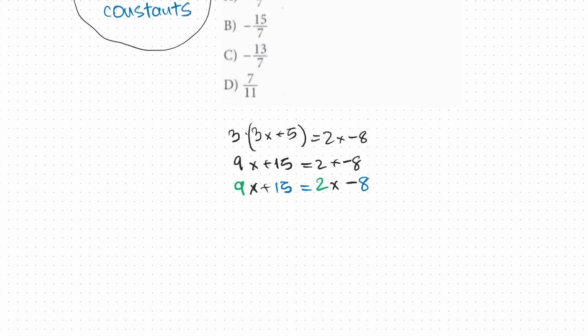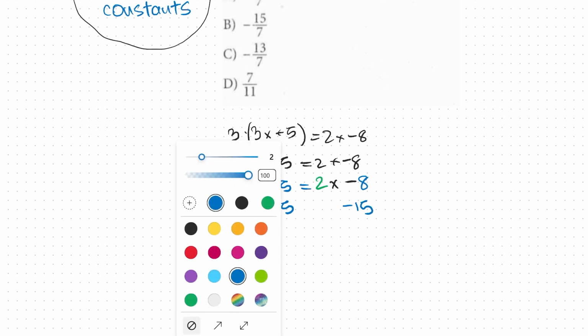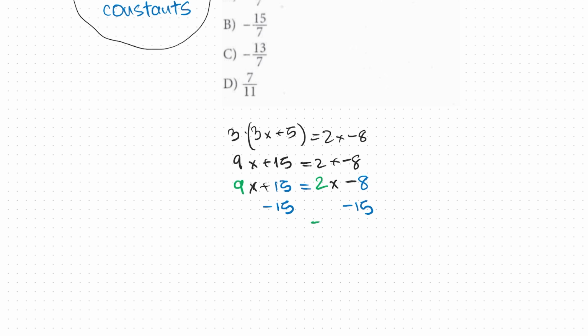So now, as we had in our previous step, we are going to need to get all variable terms on one side of the equation and all constant terms on the other side of the equation. So in order to do that, we are going to remove this 15, and we're going to need to do that on both sides in order to keep the equation balanced. And we are going to also need to subtract by this 2x on both sides in order to keep the equation balanced.